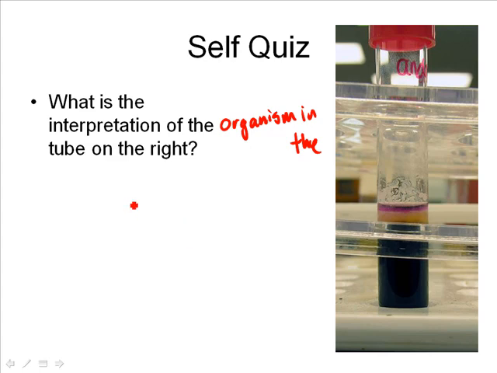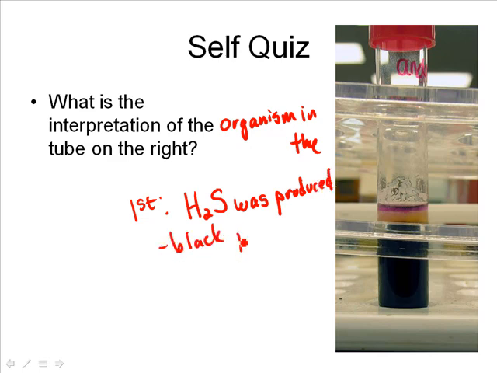The first interpretation I can make is that hydrogen sulfide was produced. And the reason I can confidently say that is there is an abundance of that black precipitate below the surface of the SIM media. Remember, thiosulfate reduction is an anaerobic process, therefore you'll see it anaerobically.